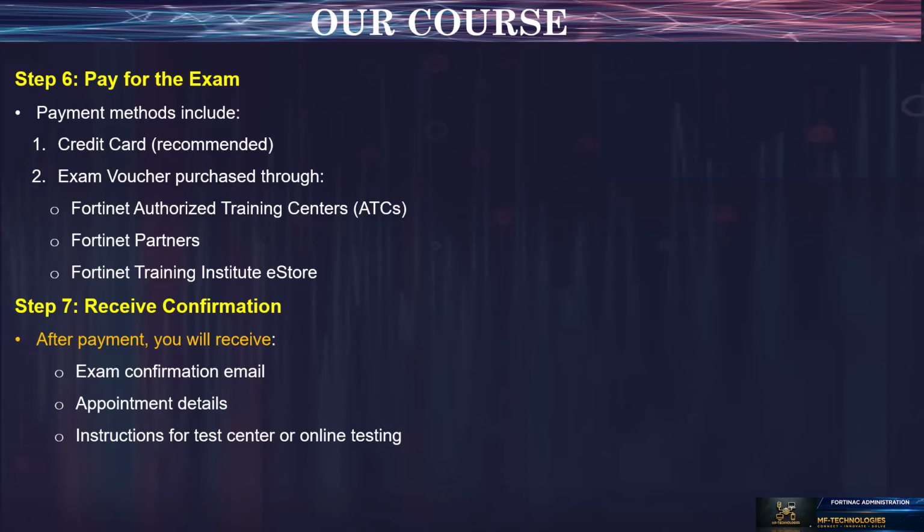Carefully review the confirmation information, especially the date, time, and the exam instructions. If you are taking the exam online, make sure to complete the required system check before exam day to avoid any technical issues. Once you have completed these steps, your exam is officially scheduled. Now it's simply a matter of preparing, and this course is designed to help you do exactly that.